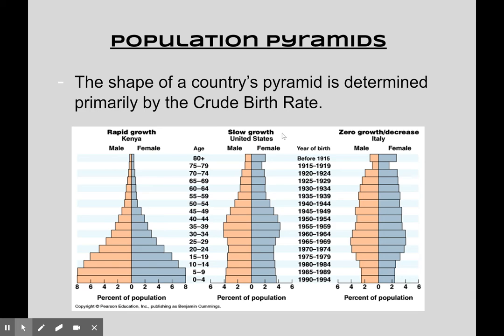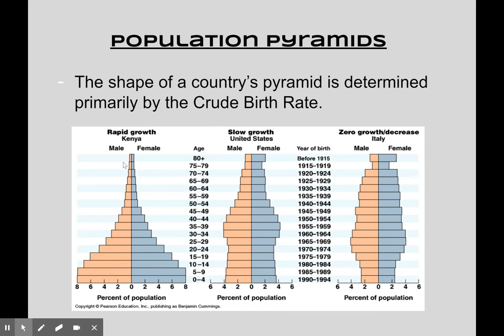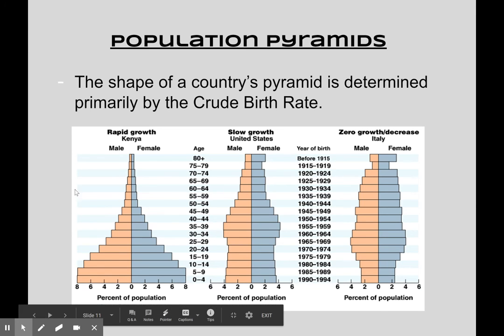How you map this is based on the crude birth rate, so how many people are being born over time, and then how many people are still alive at a certain point in their life. You can see it has a shape going up because more people are being born. And then as you go on, it's sad to say, but people die as you go on. So you're always going to be replaced. There are a lot of younger generations replacing the older generation. So you can see that.